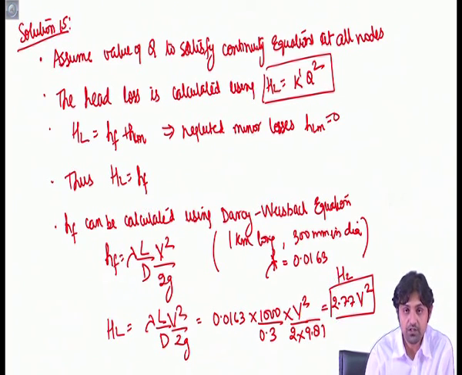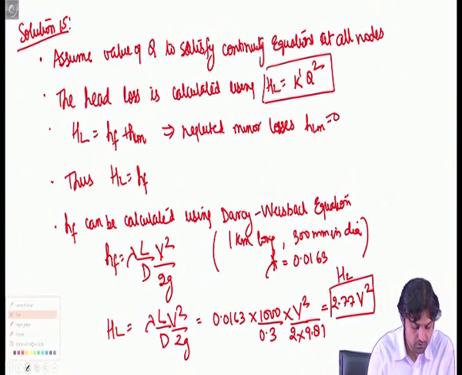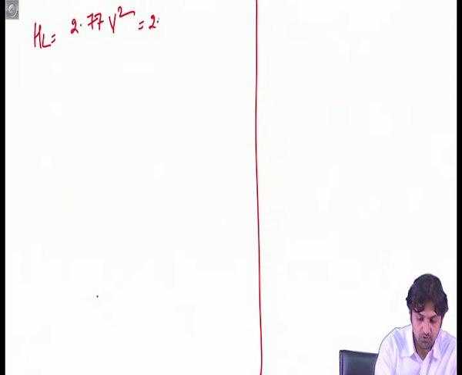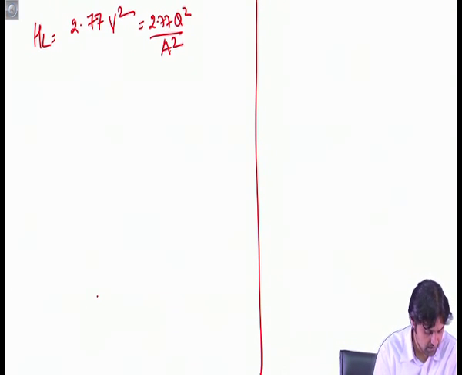But we need to have it in the form of Q. So, we write HL is 2.77 V square, or 2.77 Q square by A square.